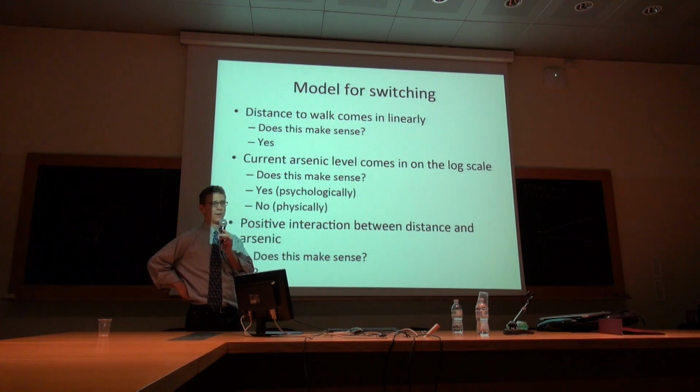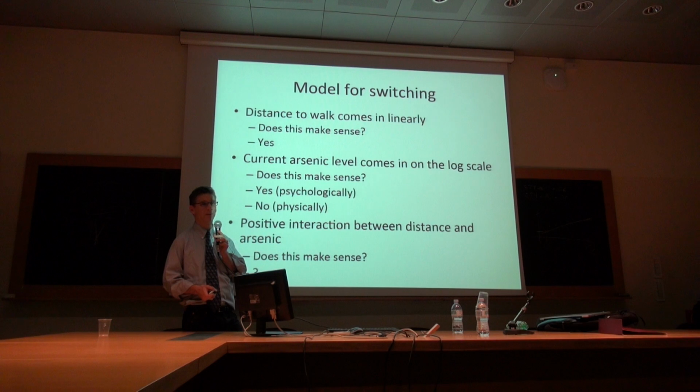Suppose I told you that you had an arsenic level of 1, and you could take it down to 0. And I told somebody else they have an arsenic level of 8 and they could take it down to 7. Going from 1 to 0 sounds really great, right? Going from 8 to 7 doesn't sound like such a big deal, but it's actually just as good for your body to go from 8 to 7 as to go from 1 to 0. But people don't think of it that way.